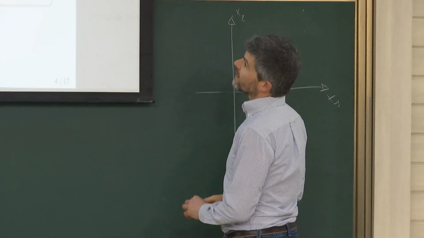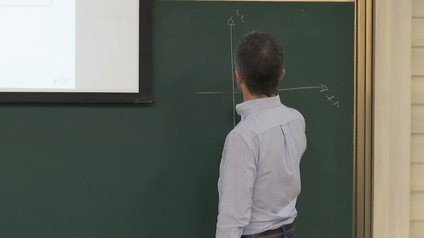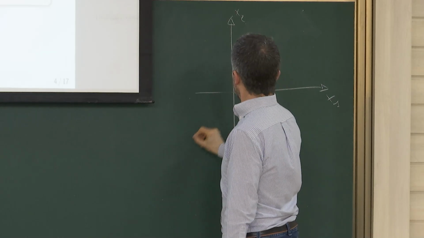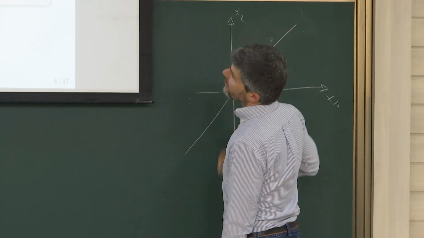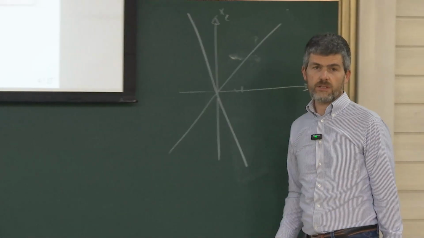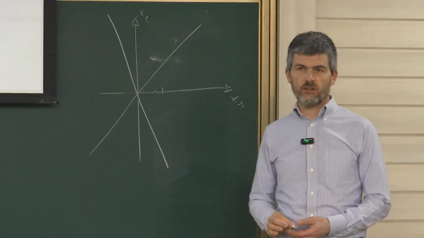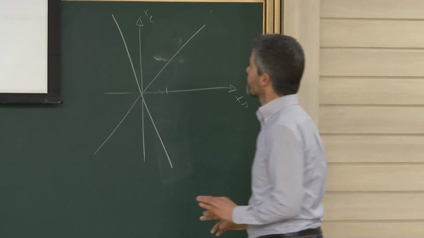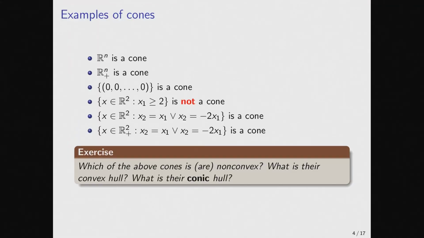The first one can be easily described like this: one is the union between this line through the origin and another line through the origin. These are cones. They're not convex cones, but they are cones. The last set is just a half line, because I'm imposing every coordinate is not negative.